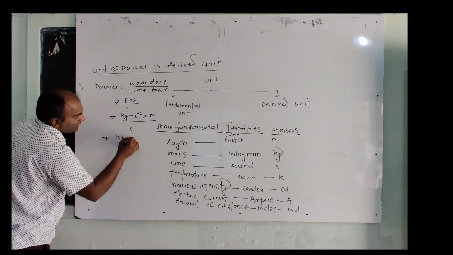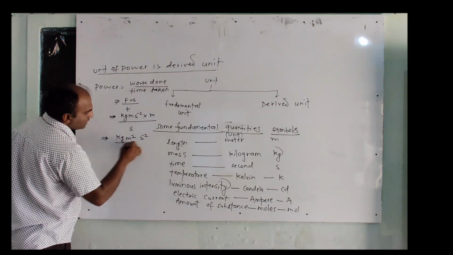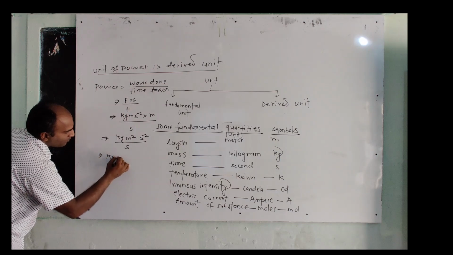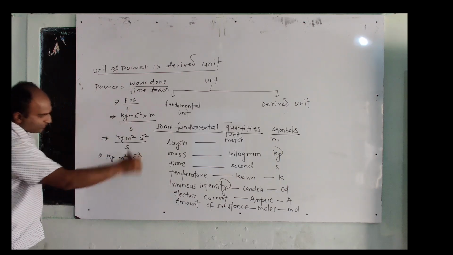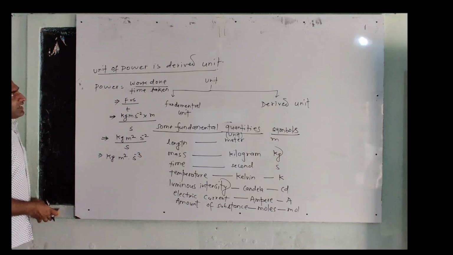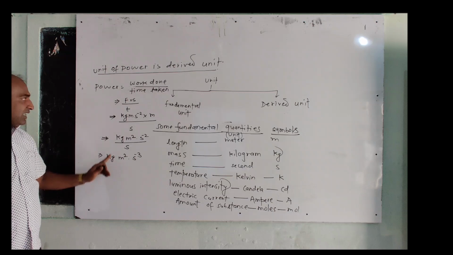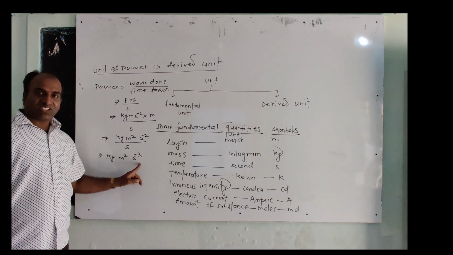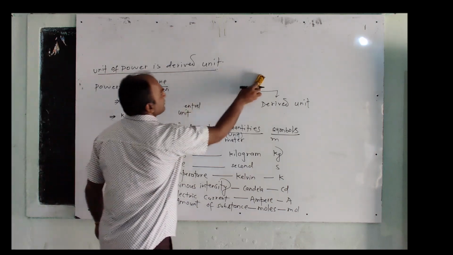So kg meter square second minus 2 divided by second, so kg meter square into second minus 3. Here we can see that unit of power depends upon three fundamental units: kilogram, meter, and second. Therefore, unit of power is a derived unit.